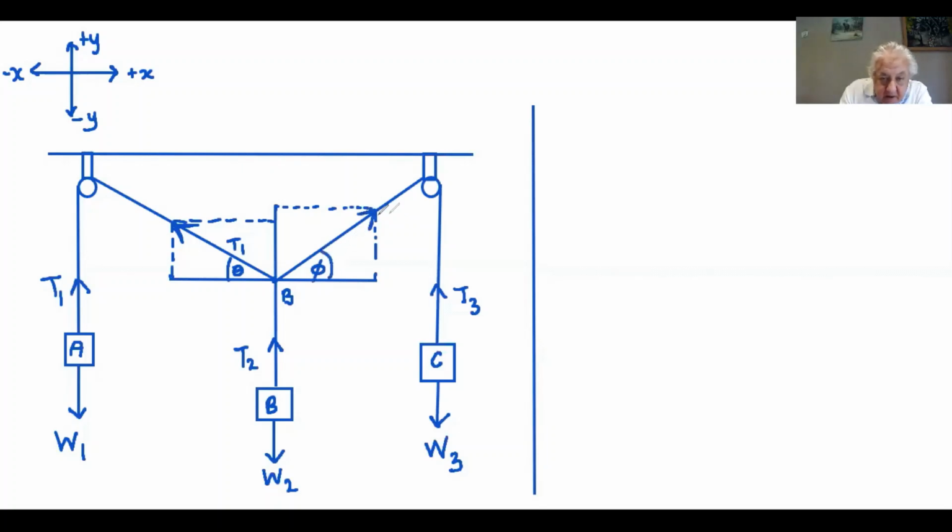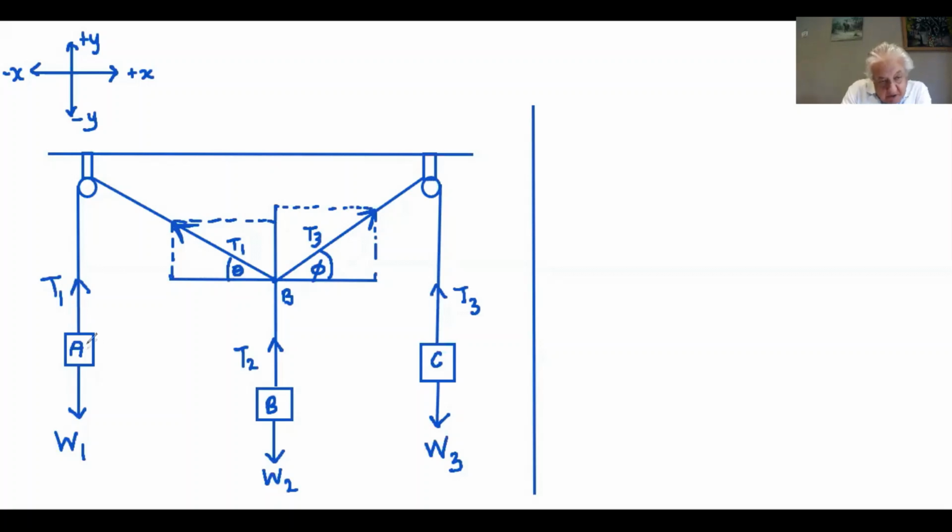This is again, the string is uniform or homogeneous, pulley is frictionless, so my tension here will be T3. So these are all my forces that are acting. I'll come to this bit later.